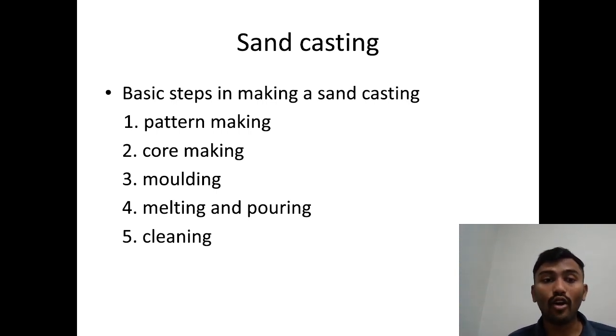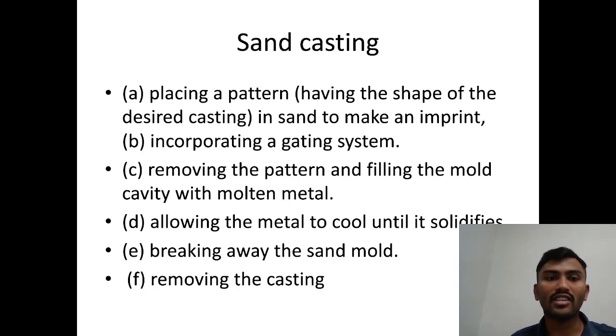Molding is important. We have to make our molds, that means our desired shapes, and melting and pouring metal, whichever material we want, plastic or metal or wood or any other material or alloy, that we have to melt and pour into the moldings. After that, finally we have to clean. We'll see the step by step process of casting.